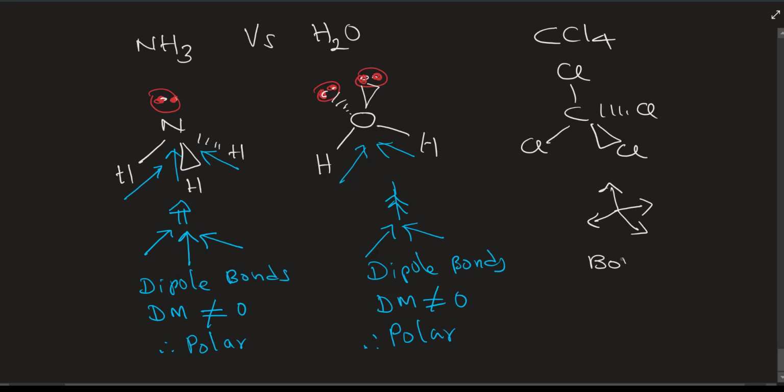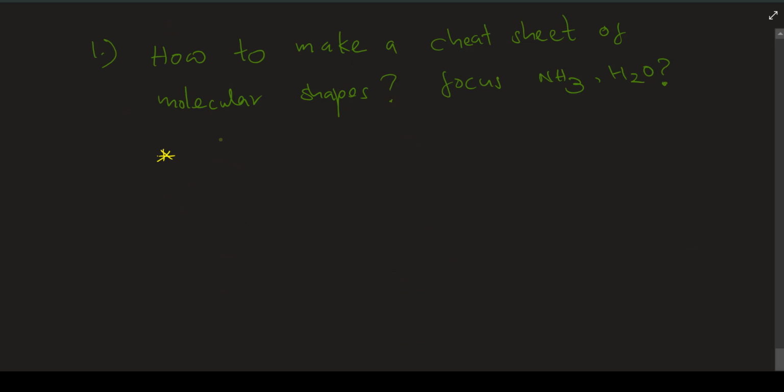The bonds are still dipole, but the sum will be zero, right? Bonds are dipole, and the dipole moment is zero because they cancel each other. Four horses pulling with the same power to four different sides, right? So it's non-polar.